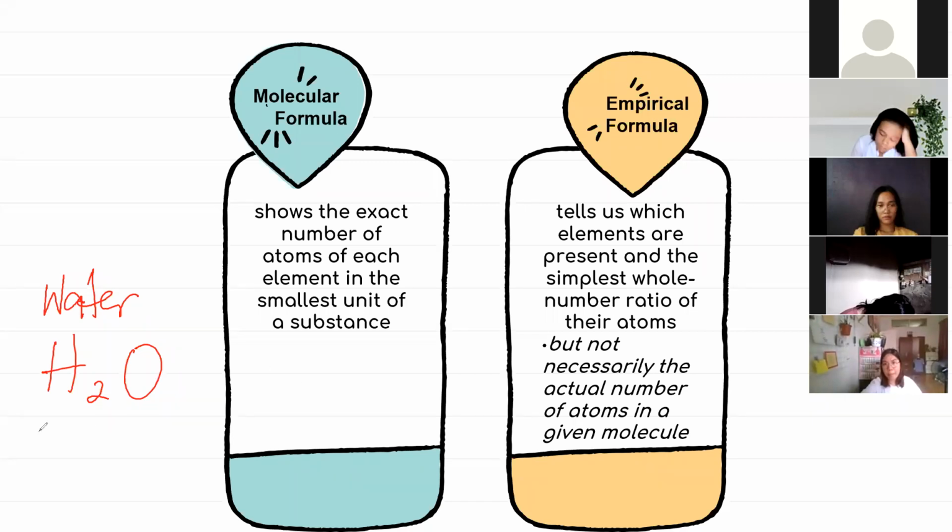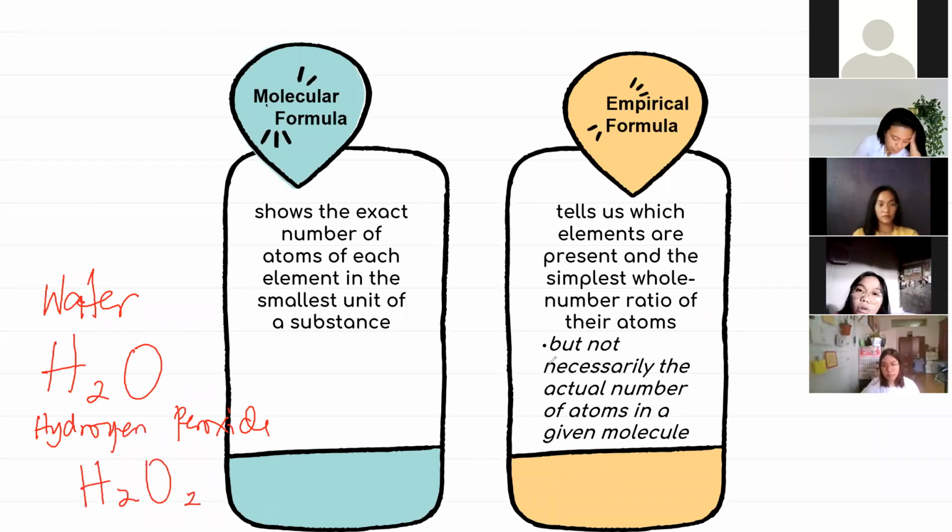Or for example, we have hydrogen peroxide. What is hydrogen peroxide again? H2O2. So again, when you say molecular formula, it's the exact number of atoms. For hydrogen peroxide, you have 2 atoms of hydrogen and 2 atoms of oxygen also.